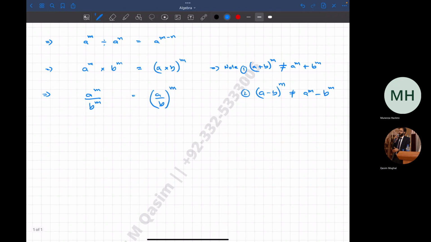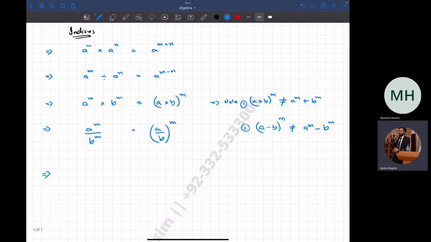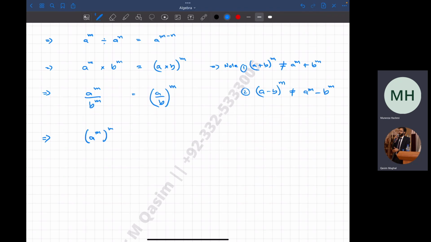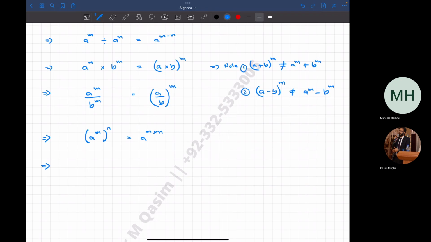The next is a to the power m and then a whole power n is same as a to the power m times n. A to the power 1 over n is same as nth root of a.